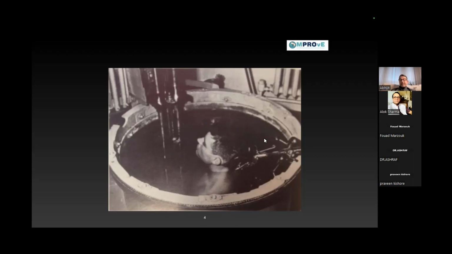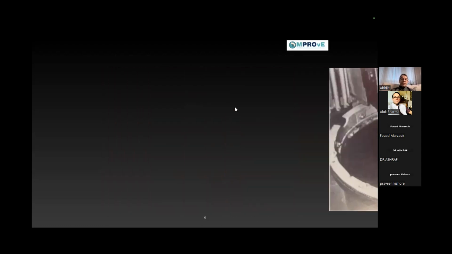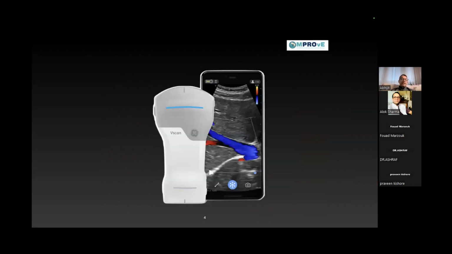And I was happy to share that we have been working in the unit as a team to put things in place to get more ultrasound done and fewer chest X-rays. So we have come a long way since then. This was in the 1960s, if my memory is serving right. This was the kind of ultrasound machine we used to have, and from here, you can see now it's all handheld.